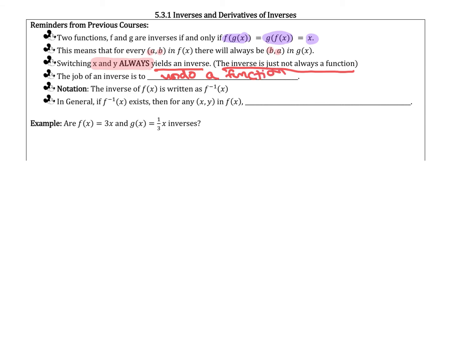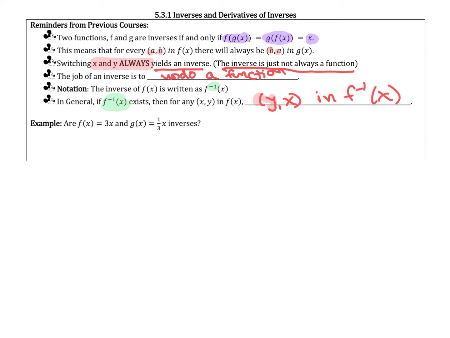Notation-wise, and don't let this get confused with the derivative, this looks like f to the power of -1, or f superscript -1 of x. That is the notation for the inverse. In general, if the inverse function exists, then for any point (x, y), there is also a point (y, x) in the inverse function.